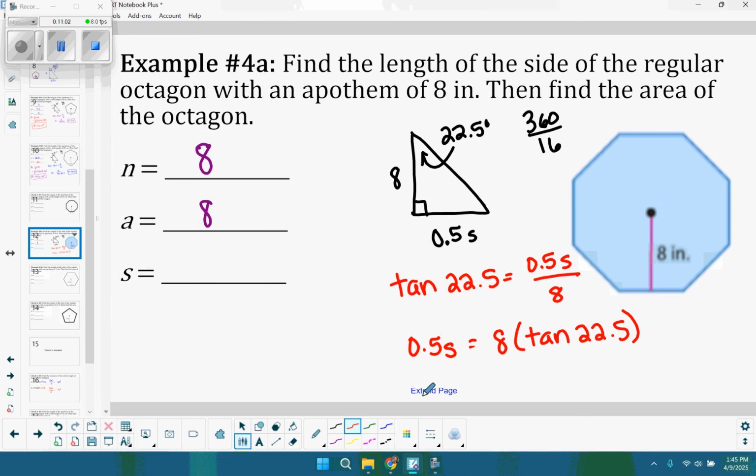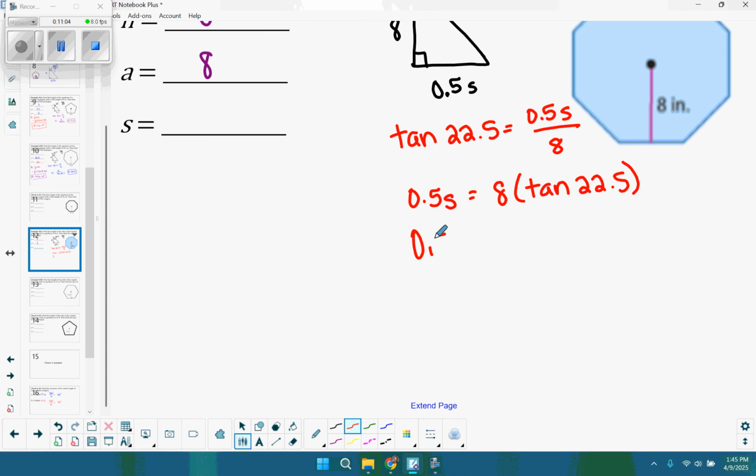So when I do 8 times tangent 22.5, I get 3.31 or 3.3. And I still have to divide here by 0.5 to get s alone. So my s is really 6.6.